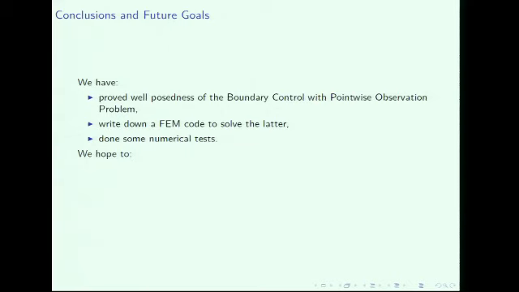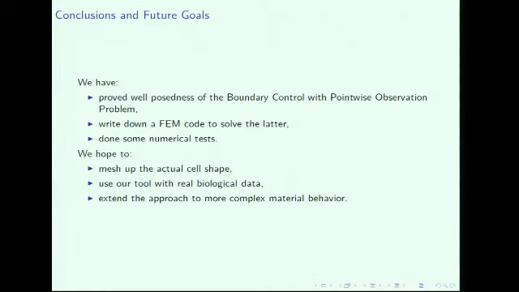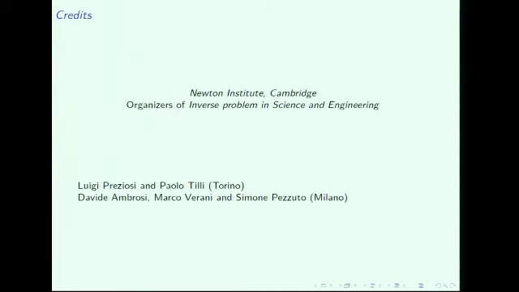And what we ought to do is to test our machinery on a really experimental situation. So we have to mesh actual shapes of cells that are very complex. We have to use our tool obviously with real biological data, and also we hope to extend our approach to more complex material behavior. So thanks for your attention.